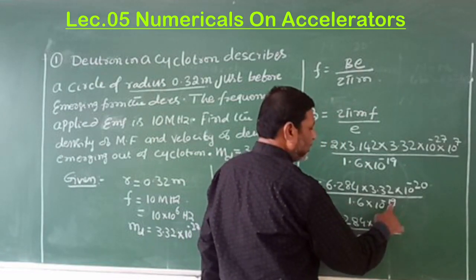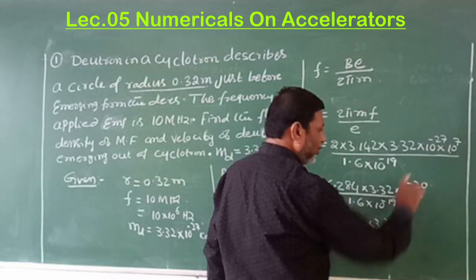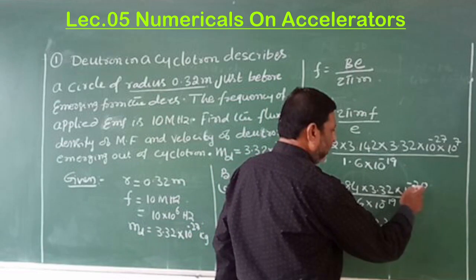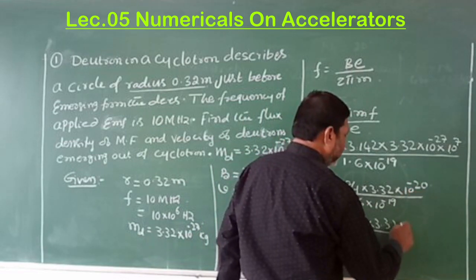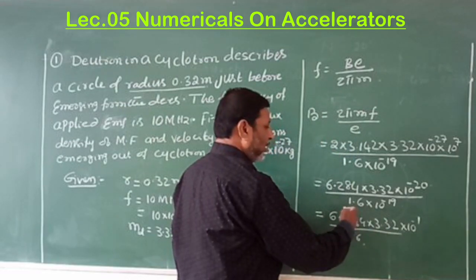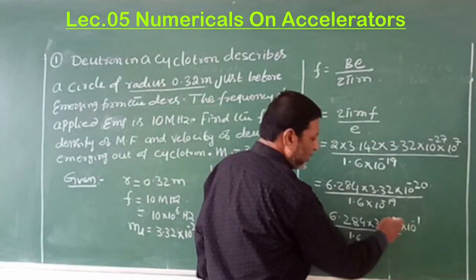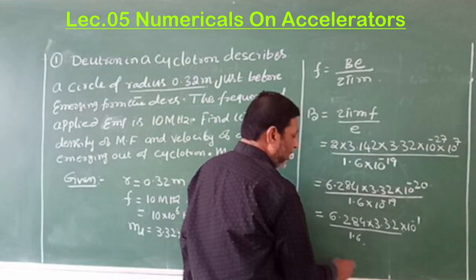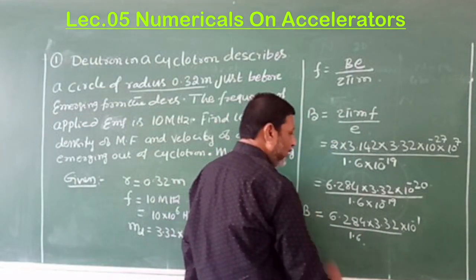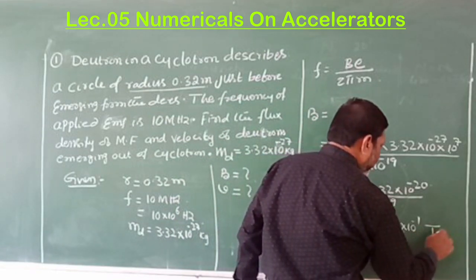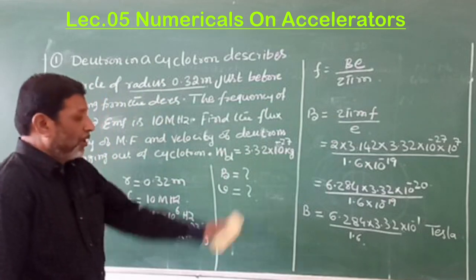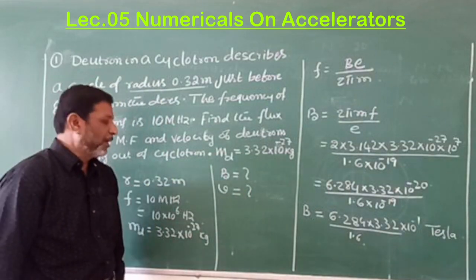Now the minus 19 you take to the numerator, it will be plus 19. Plus 19 minus 20 gives 10 raised to minus 1, which you can write as divided by 10. Then you calculate it, and whatever value you get is the applied magnetic field. Its unit is Tesla. Now you can calculate the applied magnetic field.